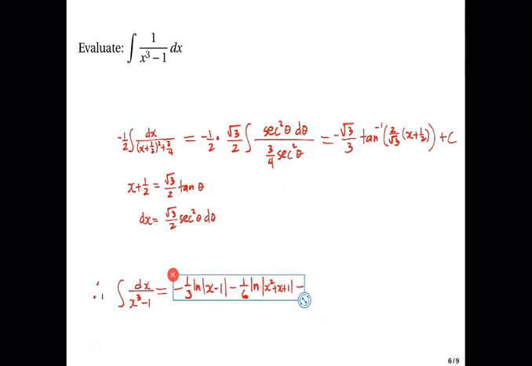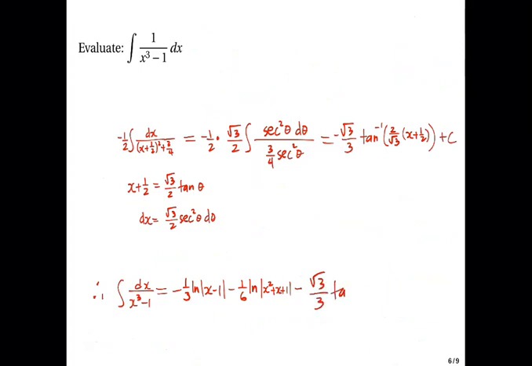So we have this, and then this guy above here. So square root of 3 over 3 arctan of (2 over square root of 3)(x plus 1/2), and then you have the plus c.